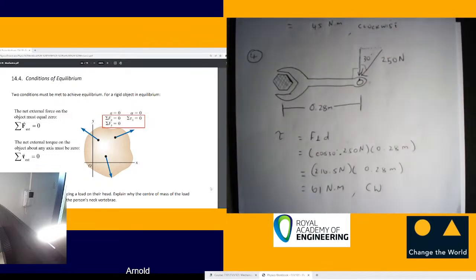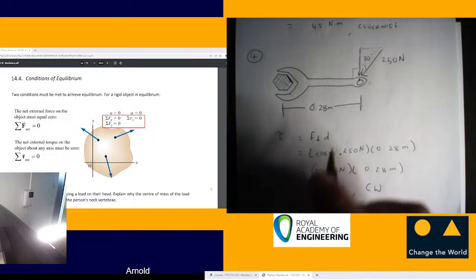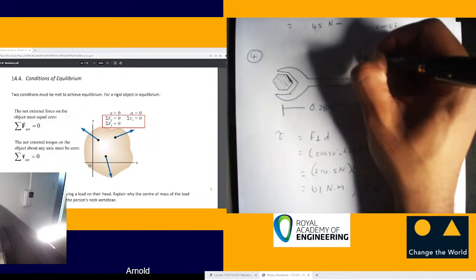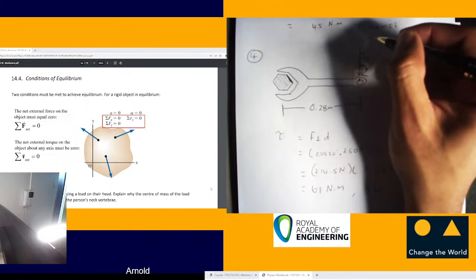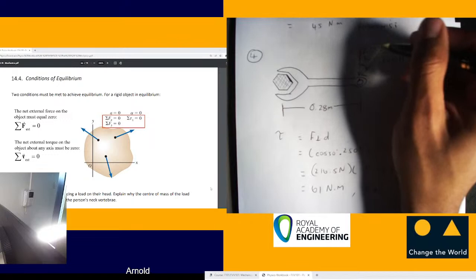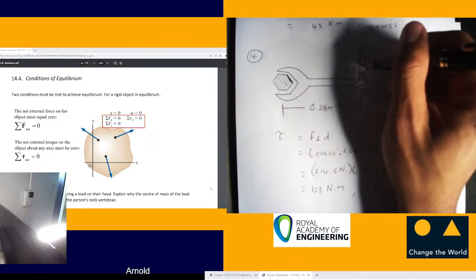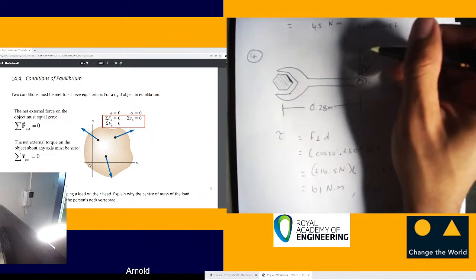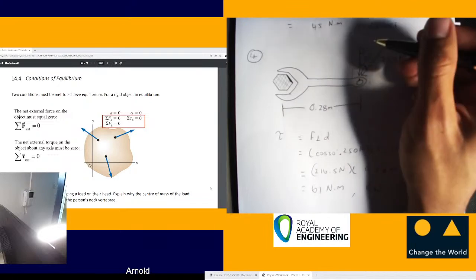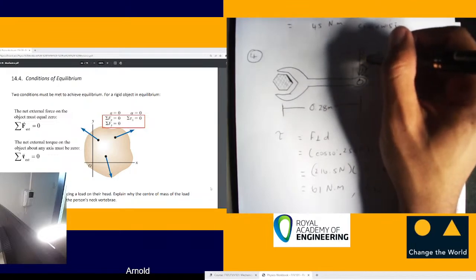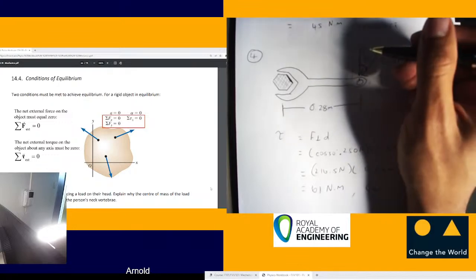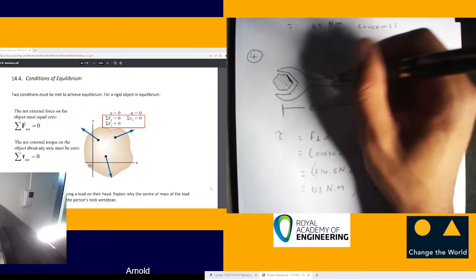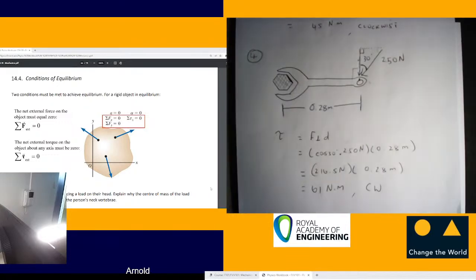This is the right angle triangle, and this would be 60 degrees. So I needed to use the cos trig identity if I wanted to find this force here, the force acting perpendicular to this span. Okay, I hope that makes sense.